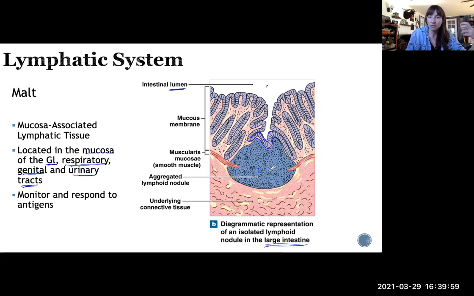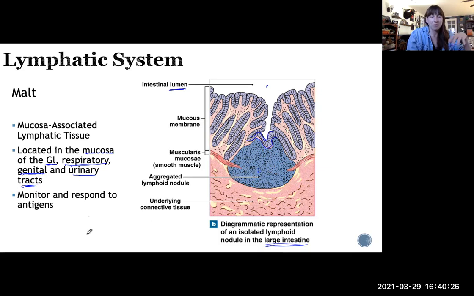Lymph going into a lymph node. You can pick it up in the bloodstream as it's being filtered through the spleen, and you can pick it up through the mucosa that's going to be lining any of your body's orifices. So it's pretty intense. And the lymphatic system is kind of like the brick and mortar part. Okay, we're talking about where all this stuff happens before we start talking about what the immune response actually is.